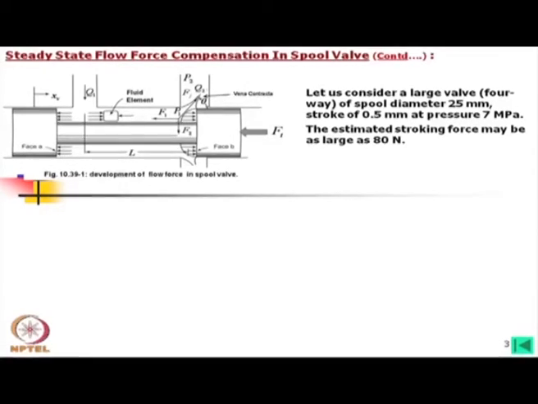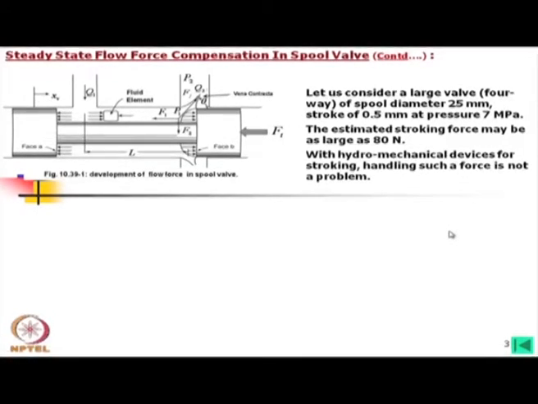This is considering the acceleration of this spool also. If this spool has constant velocity, then there is no such force, but when it is accelerating or decelerating, there will be an additional force. So, summing up all such forces, it is 80 Newton. With hydromechanical devices for stroking, handling such a force is not a problem.